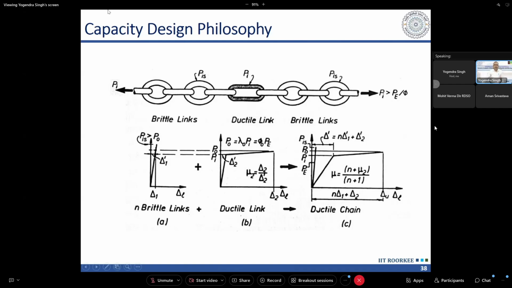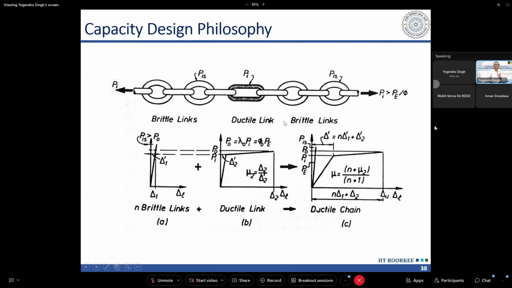So capacity design, we can understand with this analogy with the chain. As I said, in a bridge also there are a number of components right from superstructure to foundation and soil. So there are bearings, abutments and piers. Only some of the components here are ductile. In our bridge structure, the pier is the ductile element.